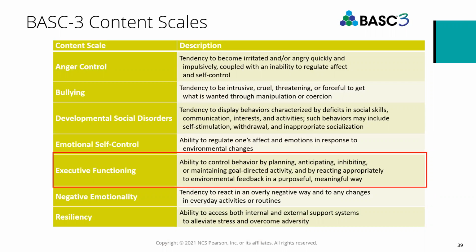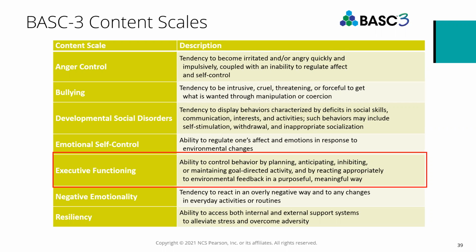And if a student has high scores on the executive functioning content scale, it indicates that there could be pervasive problems with self-regulation. They may have ADHD-like symptoms. They're often already diagnosed with ADHD.